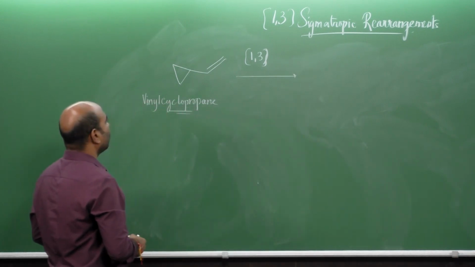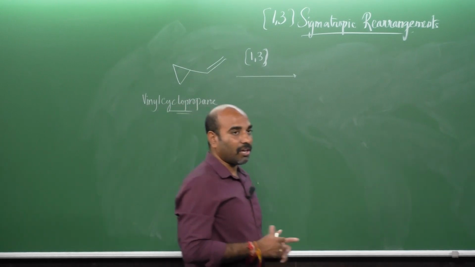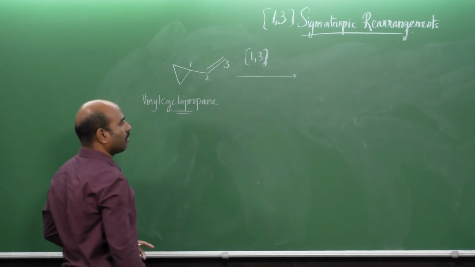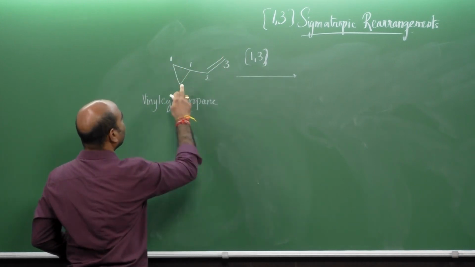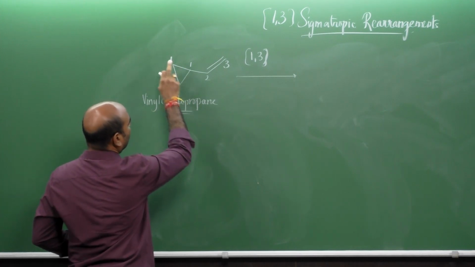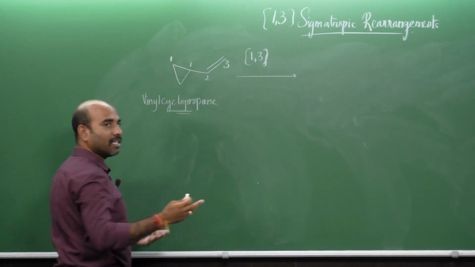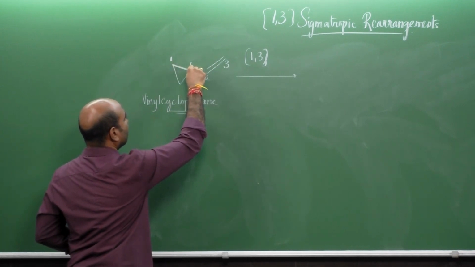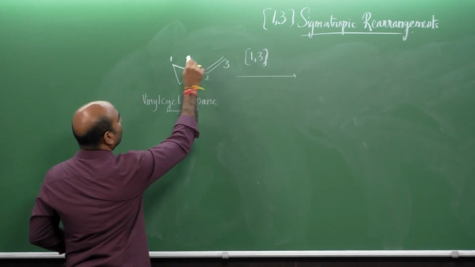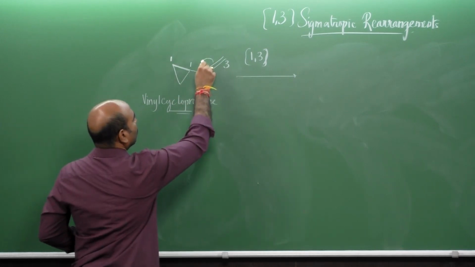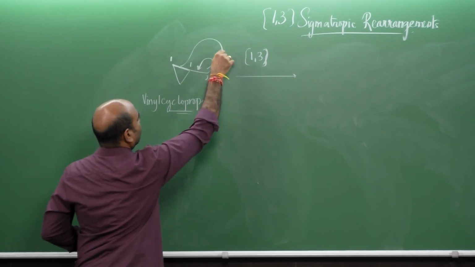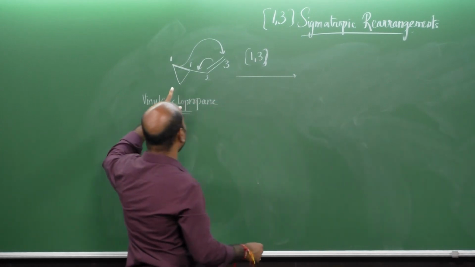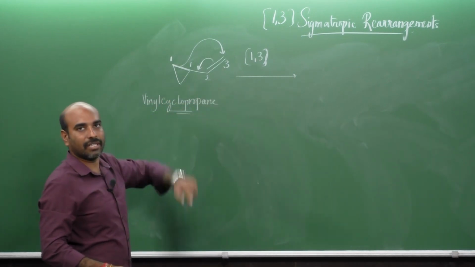So, what is the sigma bond which is breaking here is what we need to know first. So, this is 1, 2 and 3, and this is again 1. You can take either this carbon atom or this one also. So, this sigma bond or this sigma bond is the same only, no problem. So, we have considered that this sigma bond is undergoing homolysis and then migrating here. So, this goes here. How it is going to happen is via a cyclic 4-membered transition state.